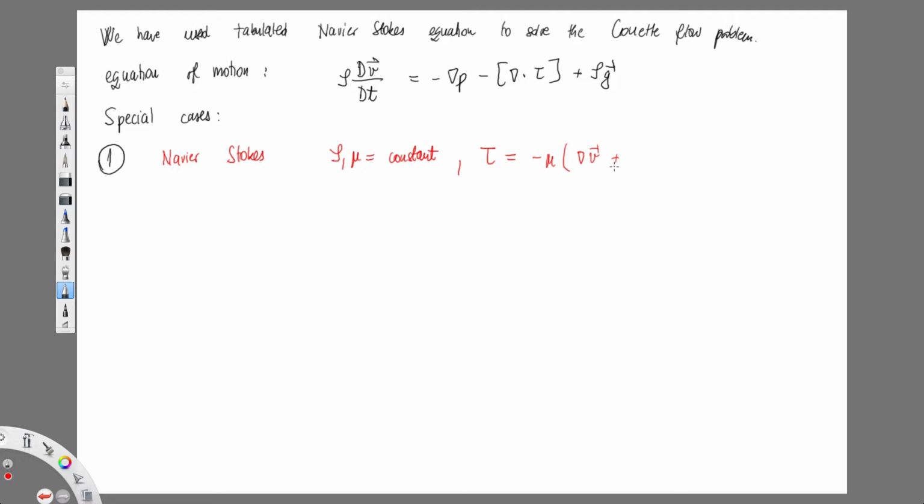Then if I have this one, what else do I have? It's symmetric, so I have the transpose in it as well. And that other weird term that we always hope to not have in the equation. So if rho is constant, then as per the equation of continuity, I'm going to get that this is 0 as well, right?